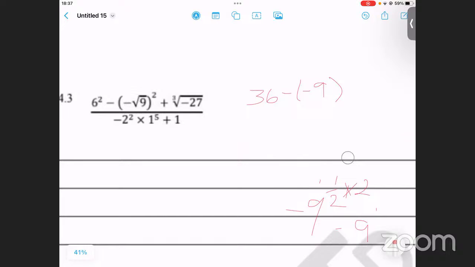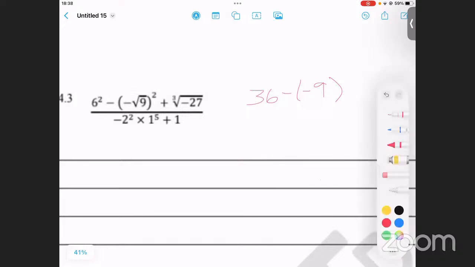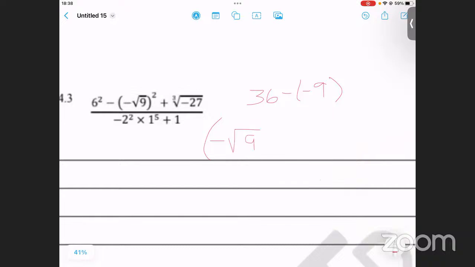Ma'am, could you please repeat the process? Okay. So I'm saying that you will need to try focus on it alone. We are having in brackets minus square root of 9, close the bracket, squared.